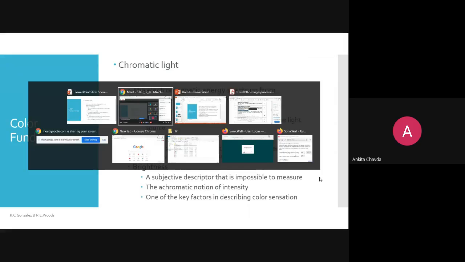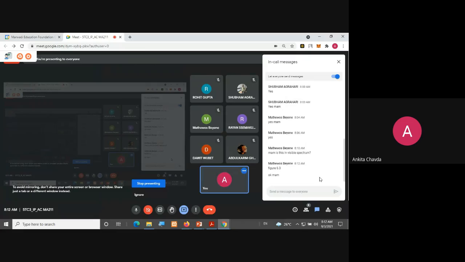Some birds are even able to see in ultraviolet, if you heard somewhere. I don't remember exactly, but a few birds can even see into the ultraviolet spectrum, right? But humans can only see in the visible spectrum.